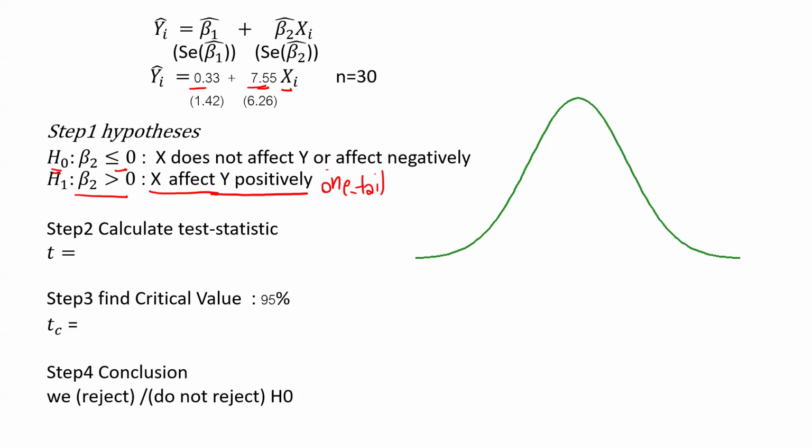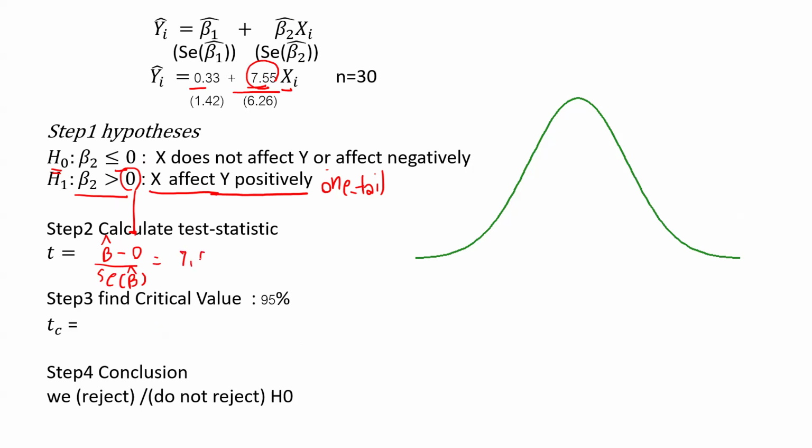Most important, if you set the hypothesis correctly, you will not be confused about your answer. Then the second step is t equals beta minus the number they are concerned with, over the standard error, or you can use beta divided by the standard error.